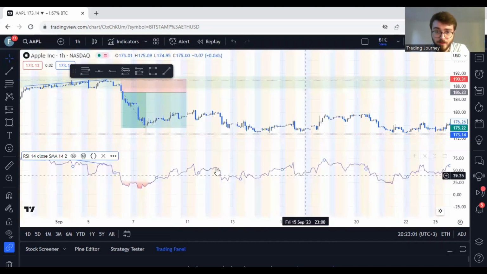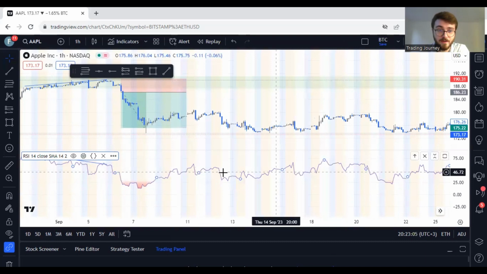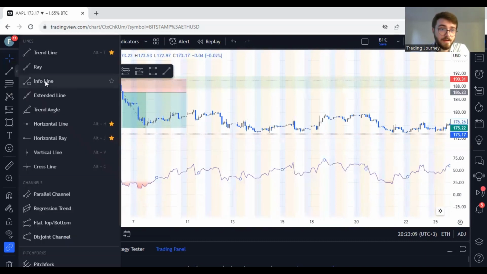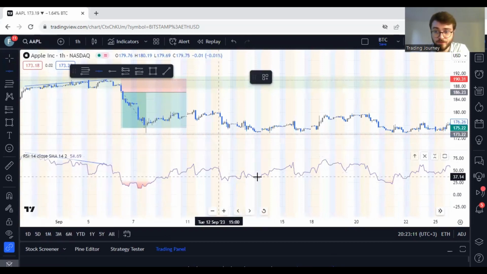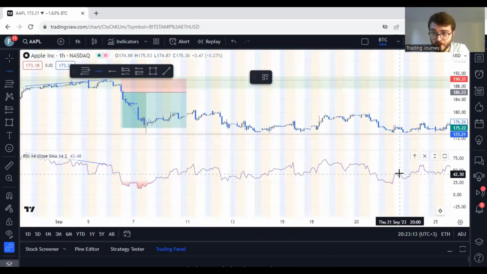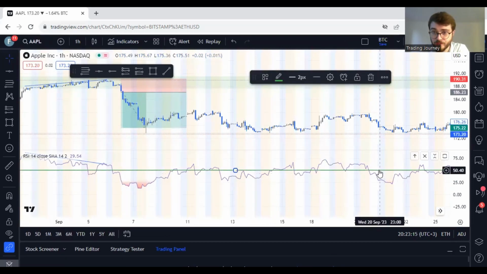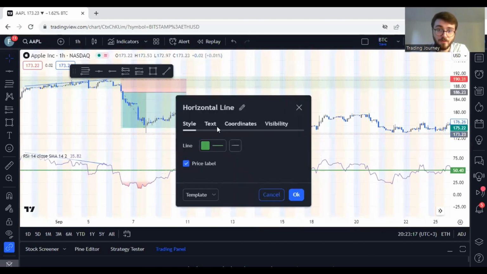And now what you have here is just a line of RSI, and I would add another line at the 50 horizontal line. So you just draw it around here. You can then adjust it in the settings to have 50 exactly, but that doesn't matter so much.